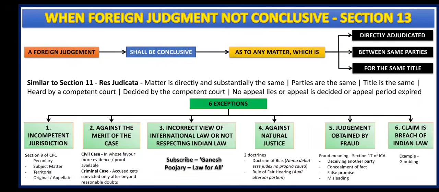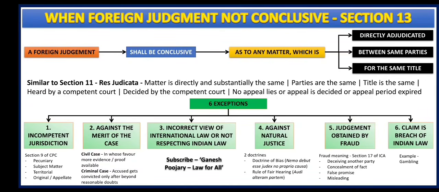Coming to the last exception, the foreign judgment is not conclusive when the claim is founded on a breach of Indian law. For example, maybe gambling is legal in XYZ country and the case is heard there, and the judgment has come there, and if the same is brought before an Indian court, in that case the judgment given by XYZ country or such foreign court is not valid, because in India gambling is not legal.